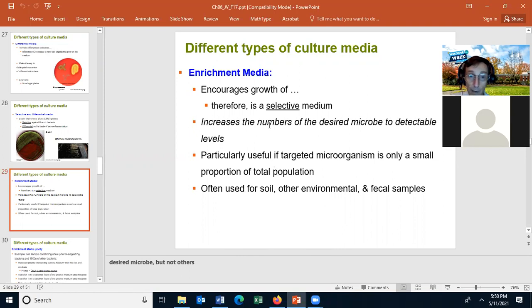But if we were to grow it in an enrichment media and increase its numbers to 10%, then if we streak it out on a plate and get 10 isolated colonies, on average, one of those colonies will be the microbe of interest. So the point is that by enriching, we can bring the microbe to numbers where, when we're streaking it out, we can actually isolate the bacteria of interest. Any question about any of that?